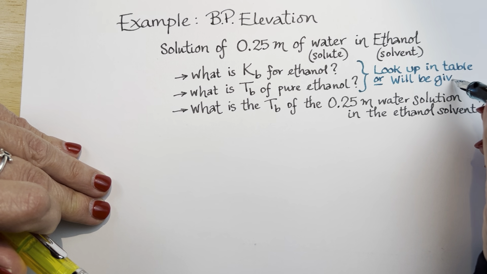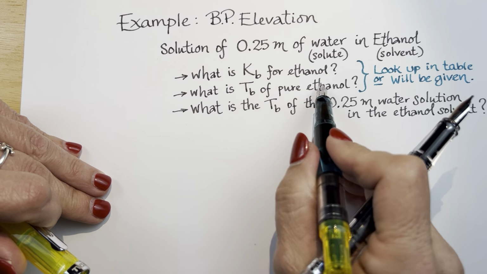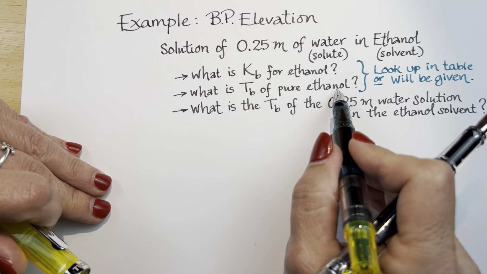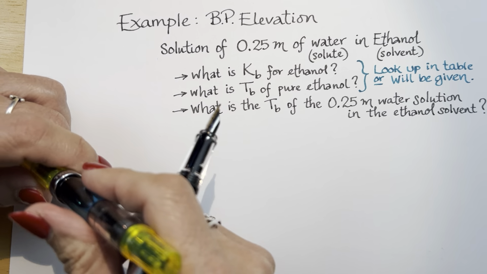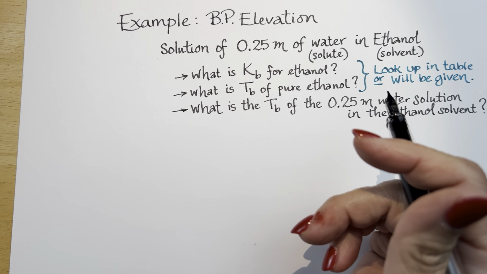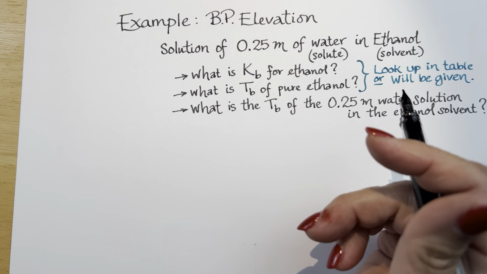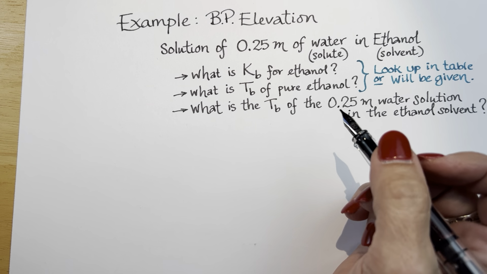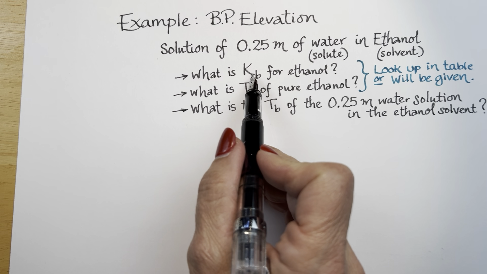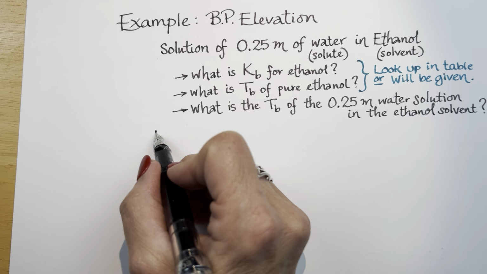This is not something that you can calculate. These needed to be measured by someone else ahead of time. So this is information that you'll need: the normal boiling point and the boiling point elevation constant. I'm going to look those up.